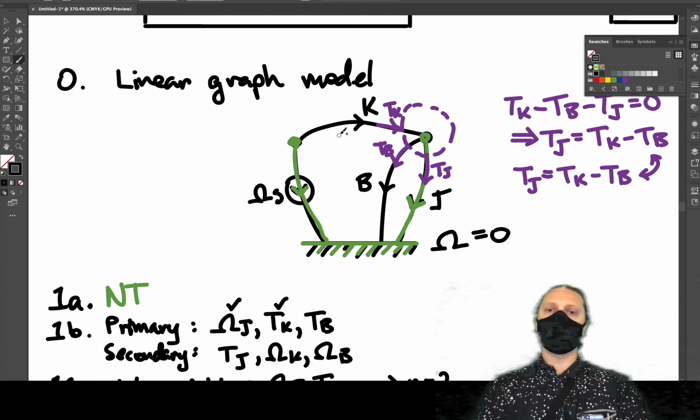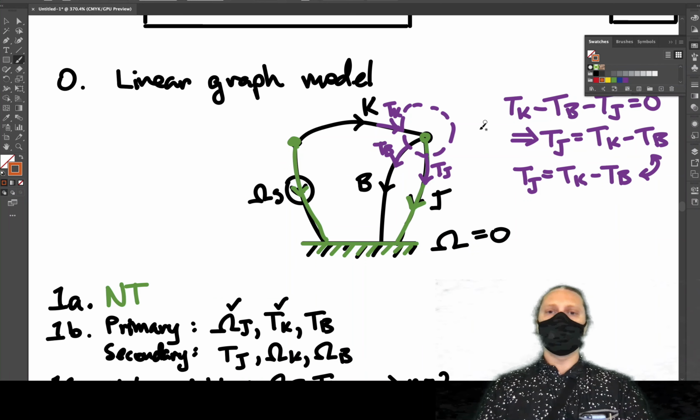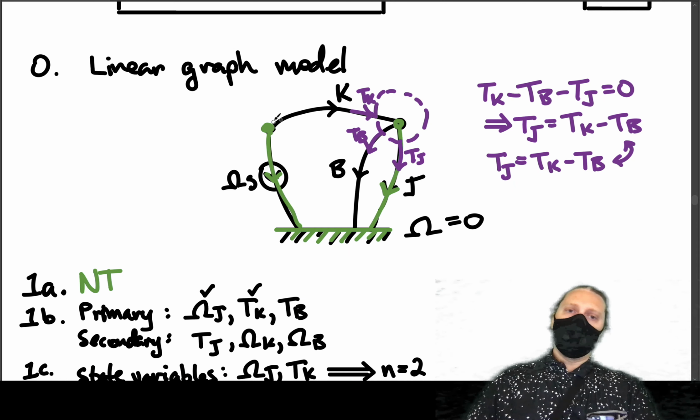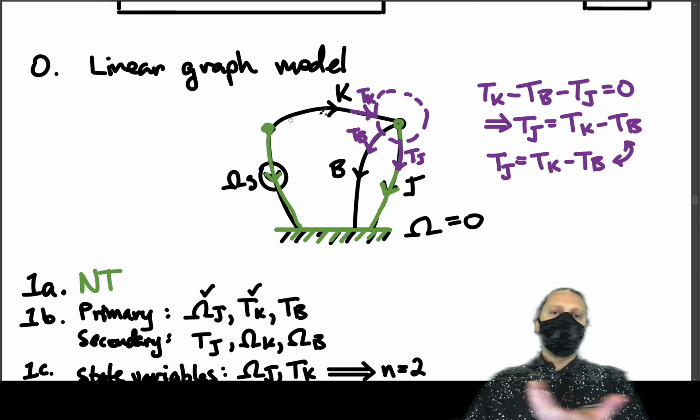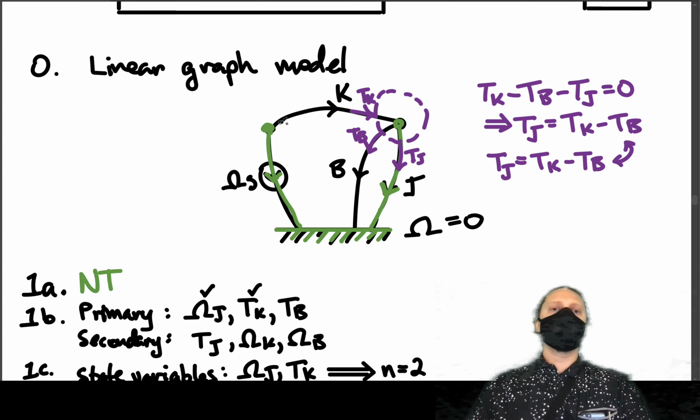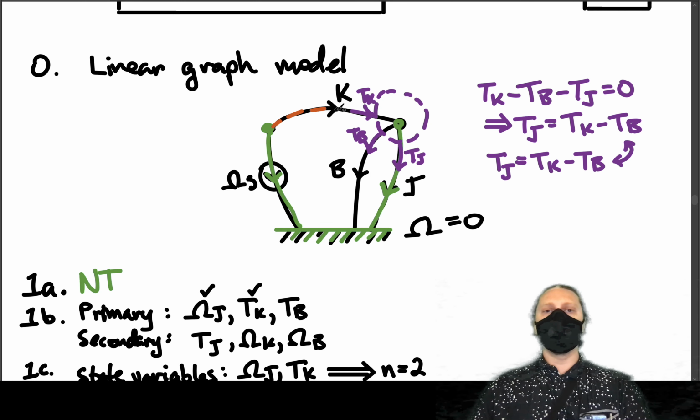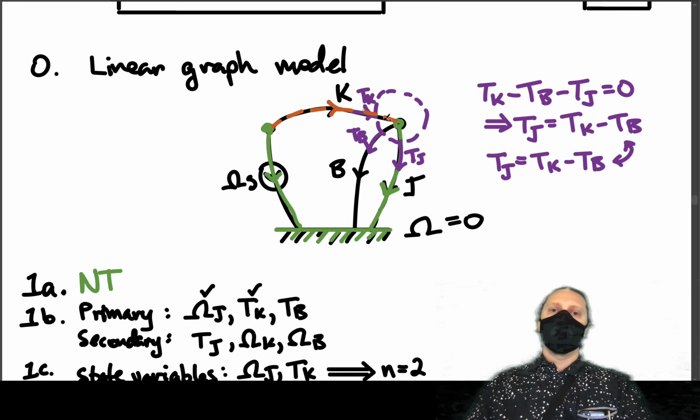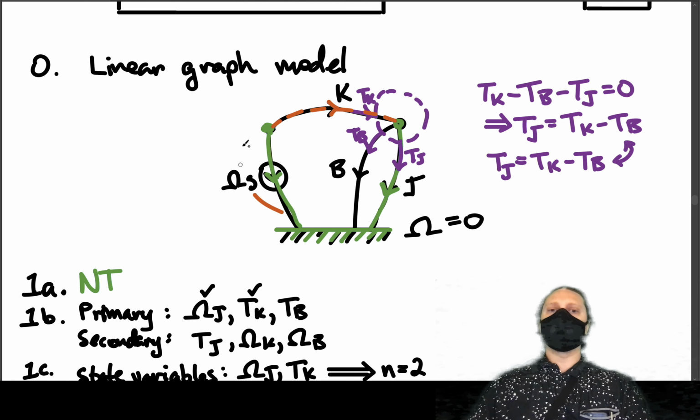So we go back up here and we say we have two links, K and B. We have to write one for each. So I'll use orange here. And we could take either one first. Let's take K first. And we're going to temporarily include K here into the normal tree, creating this loop.